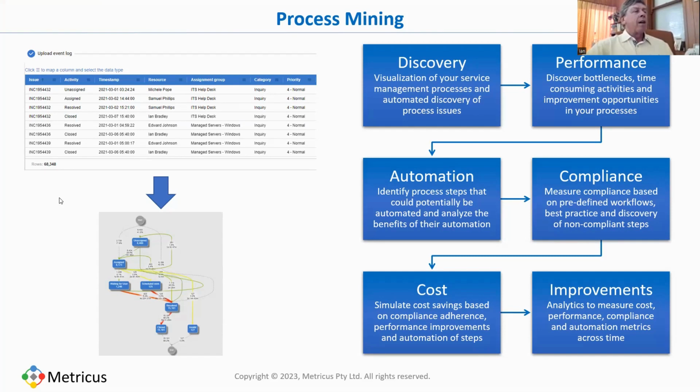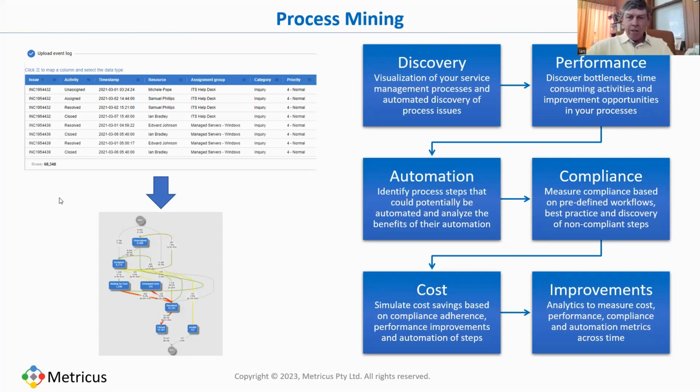So issues in Jira will have all sorts of events that occur during their life cycle, the life cycle being the creation to the closure. Now, there's a wealth of information in that, and process mining, I like to say it's almost like an X-ray into it. So it's enabling the visualization of the life cycles of your processes.